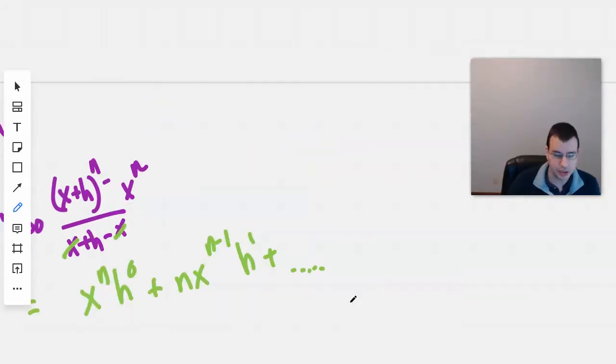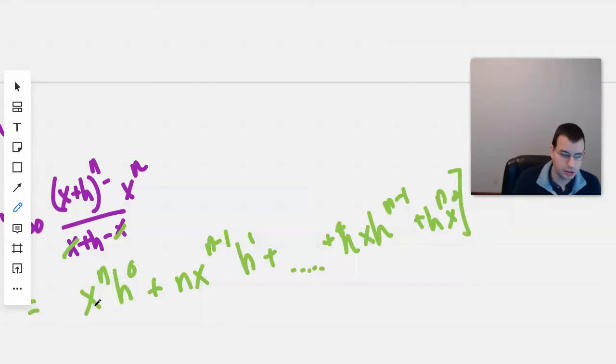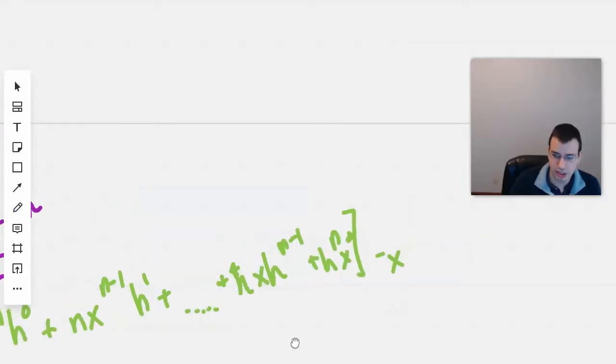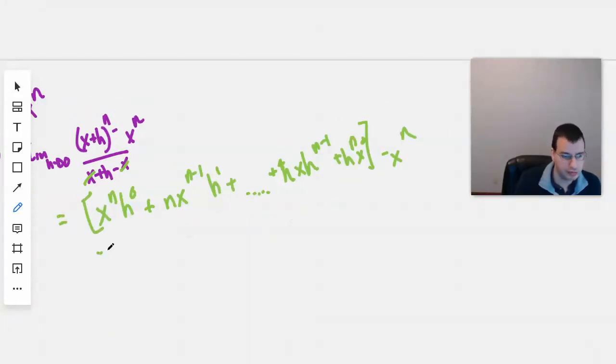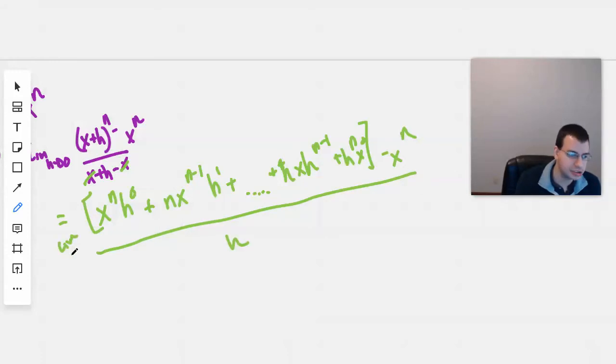And eventually you would get n x, h to the n minus 1, plus h to the n, x to the 0, and then you would subtract off an x to the n, and this would all be over h, limit as h goes to 0.